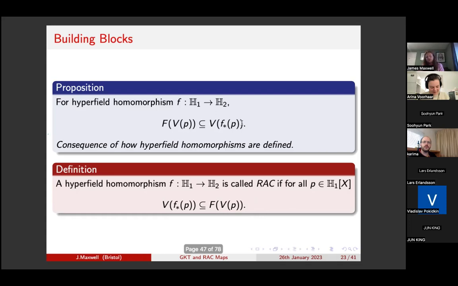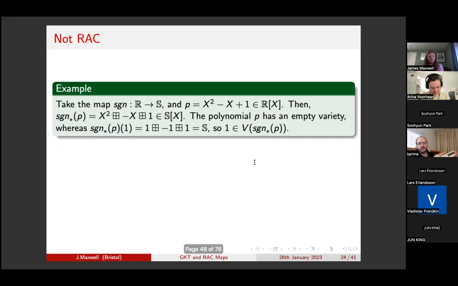So it's the reverse inclusion, but all we're requiring is that it happens for univariate polynomials, not polynomials in n variables, sorry. We tried to explore if any hyperfield homomorphisms had this property, and then use it to prove a full generalized Kapranov's theorem.